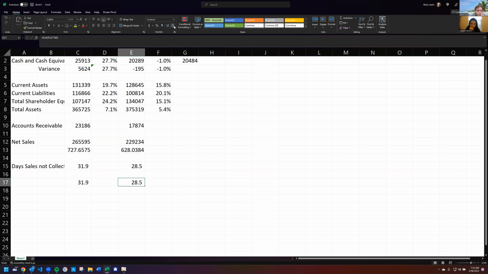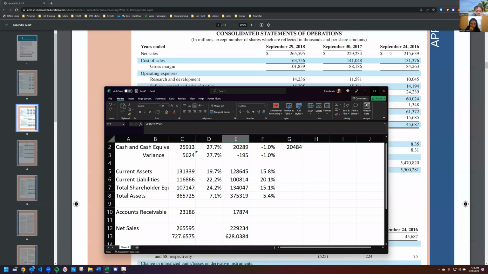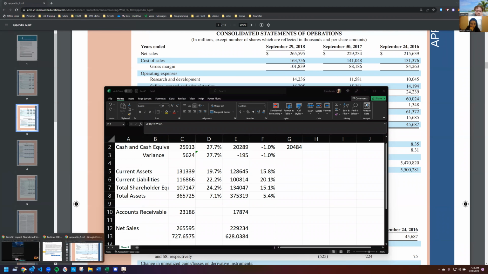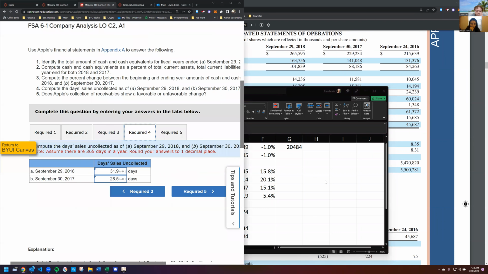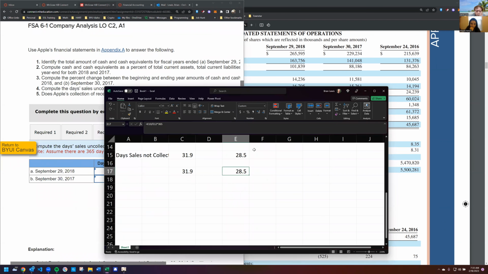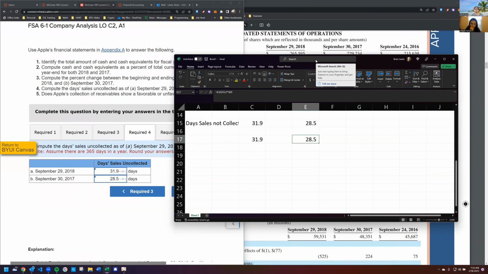Okay. So if I compare it to the actual test and the quiz values, let's see if my values work out. They did. 31 and 28.5. Okay. So if you understand the logic, how many days' worth of net sales are in your accounts receivable, then you can do it a couple different ways if you forgot the formula like me.